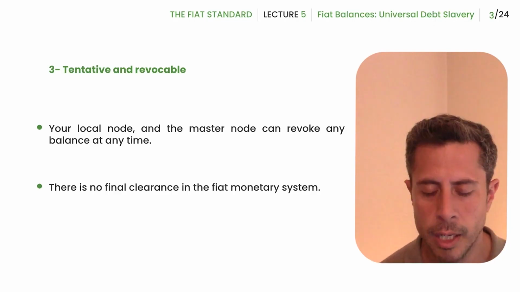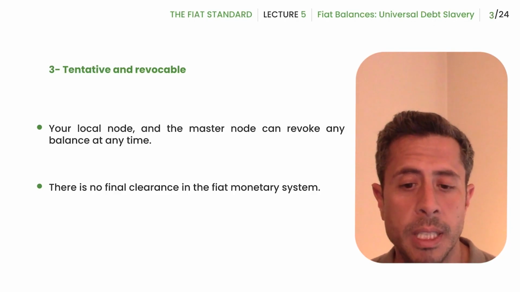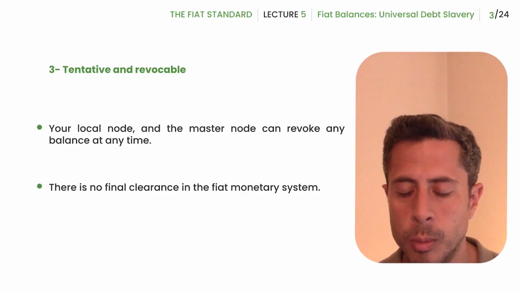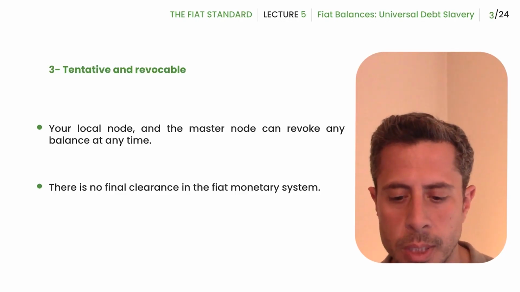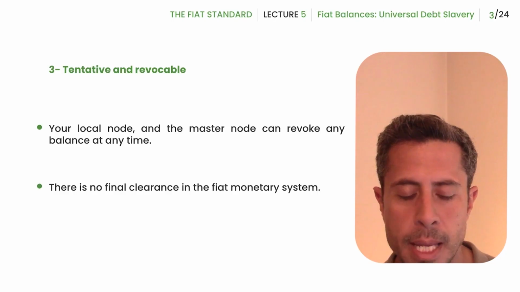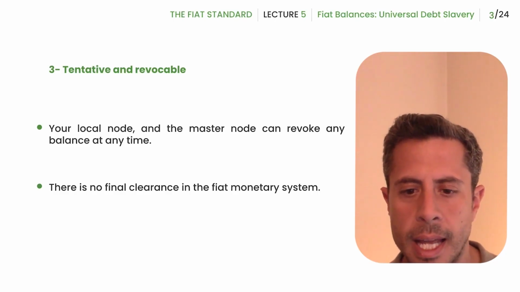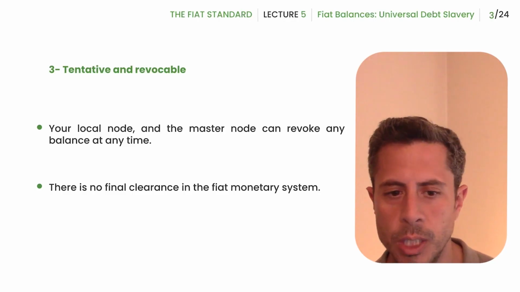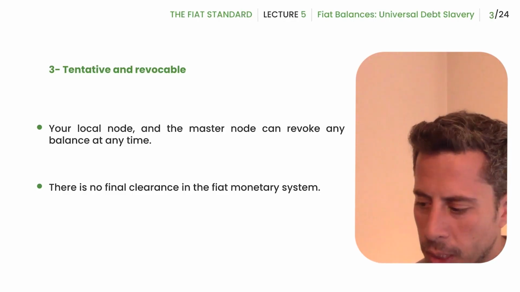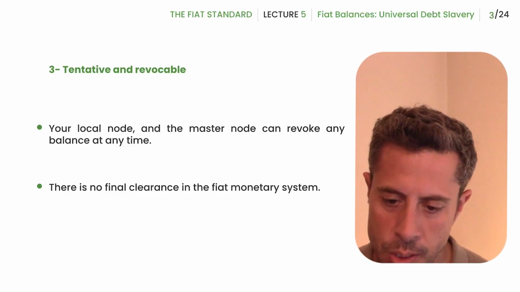Governments that weren't getting along nicely with the US government had their access to the global financial and monetary system essentially cut off. Any balance can be revoked at any time, and it can be confiscated. And that's why effectively there's really no final clearance. You never really have your money in the fiat monetary system.